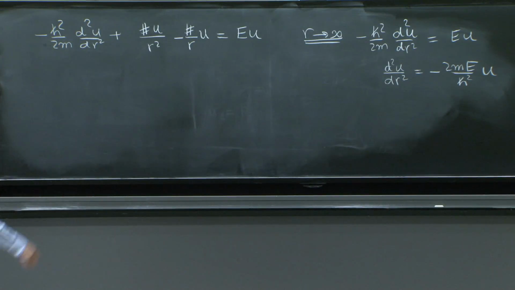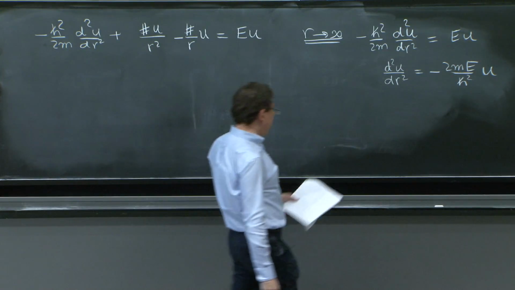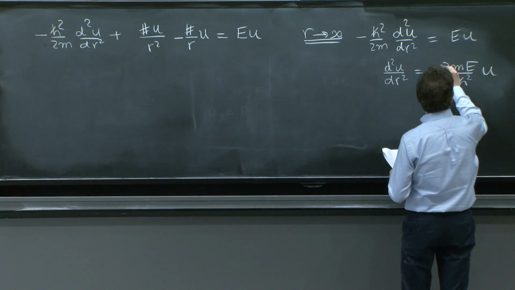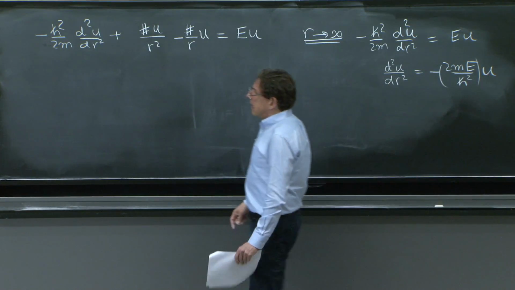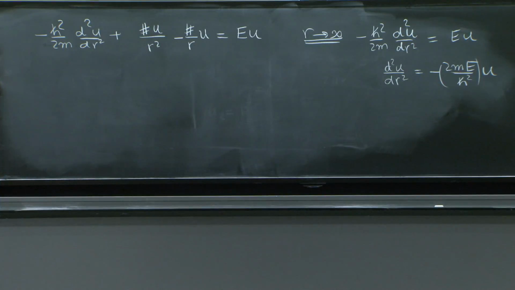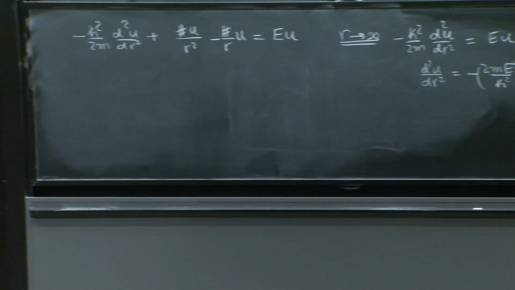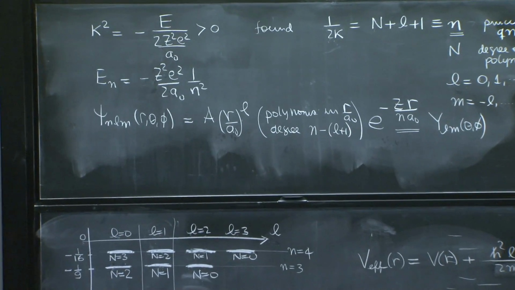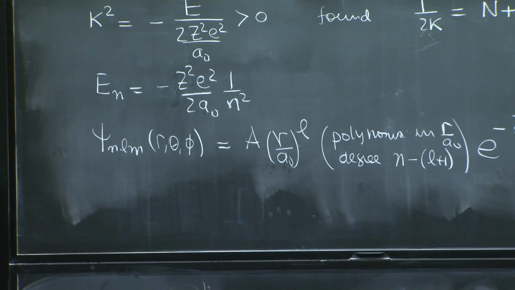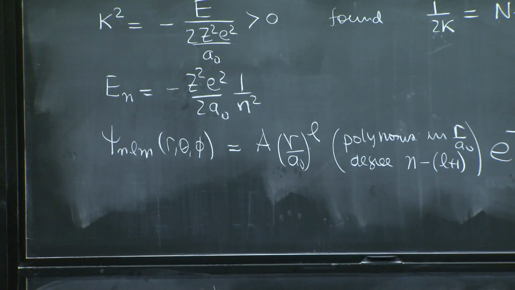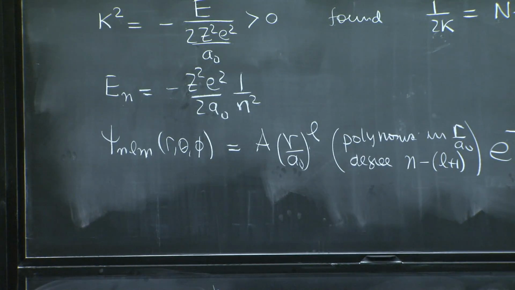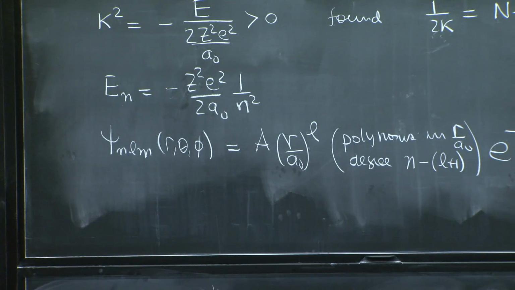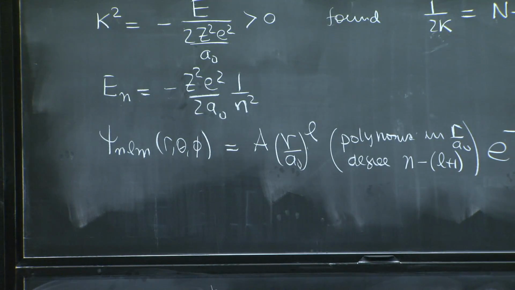And that gives you an exponential, and the exponential must be of the right value, which we can calculate easily from the expression for the energy. So the expression for the energy gives you En equal minus z squared over 2a naught e squared times 1 over n squared.